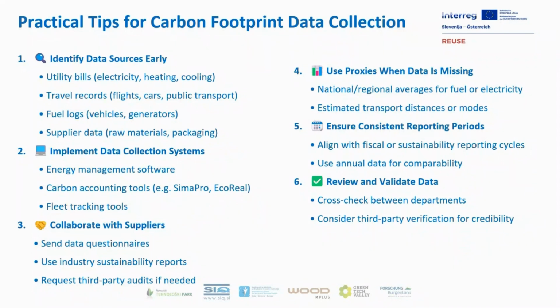Then travel records, such as flight bookings or car rental logs for Scope 3 business travel, and fuel consumption records from company vehicles or on-site machinery. This is the Scope 1 data. And supply chain data, which involves engaging with suppliers to understand emissions linked to raw materials and services.